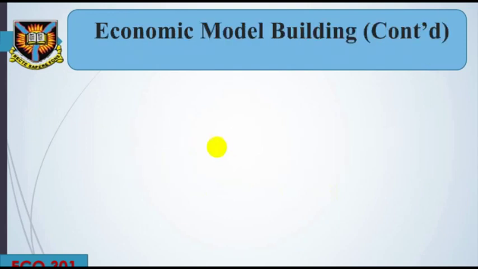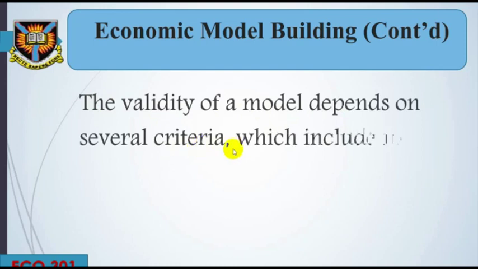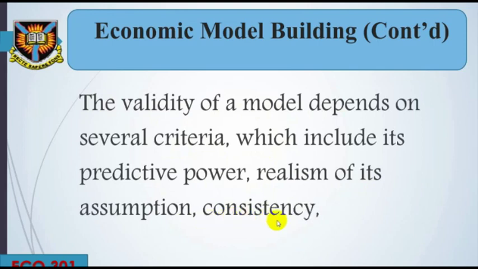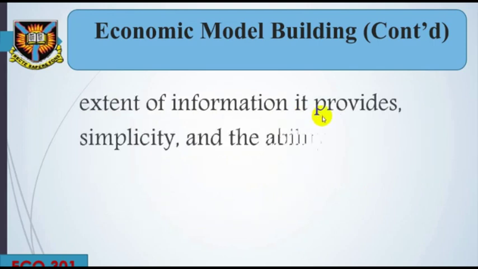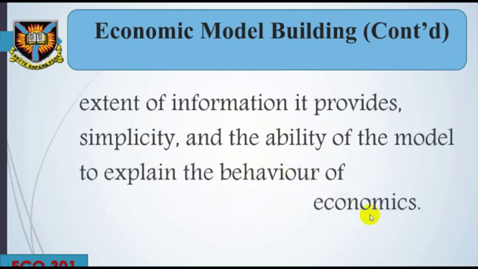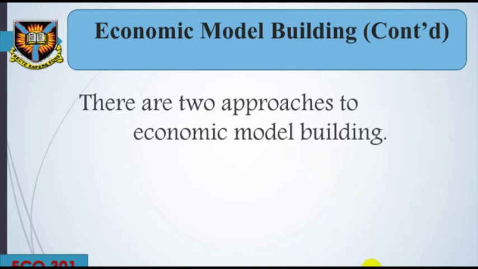The validity of a model depends on several criteria, which include its predictive power, realism of its assumptions, consistency, extent of information it provides, simplicity, and the ability of the model to explain the behavior of economic agents. However, there is no consensus among economists as to which of the attributes of a model is most important.